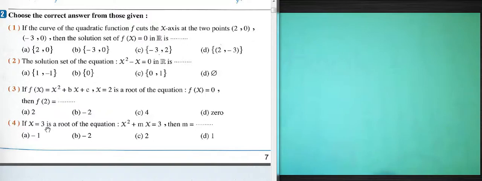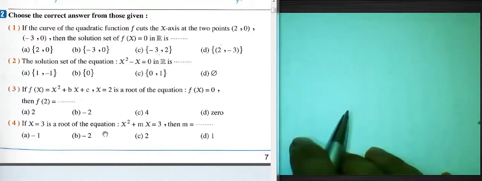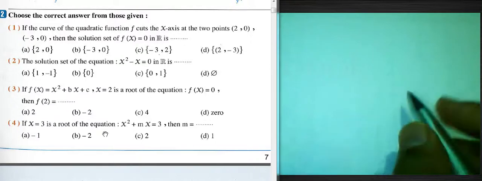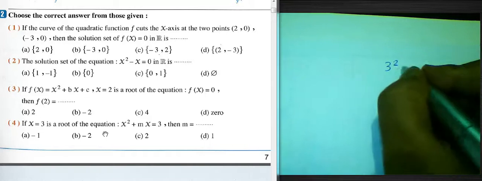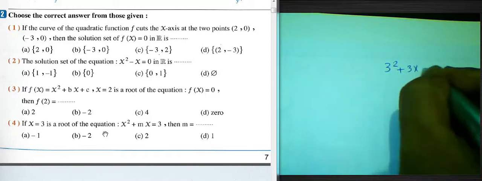If x equals 3 is the root of the equation x power 2 plus mx equals 3, then m equals what? Look at this. x equals 3 is the root of the equation. So we can substitute: 3 power 2 plus 3m equals 3.